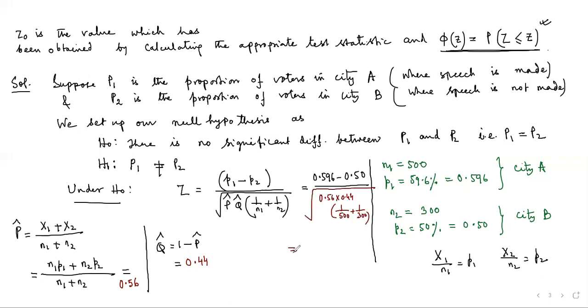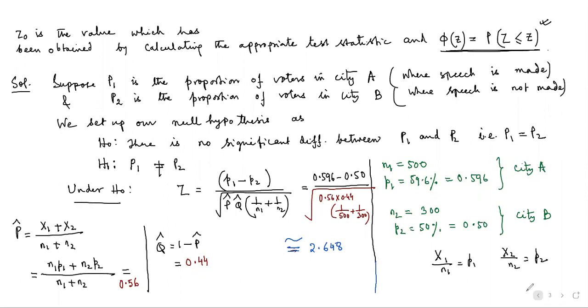Let me calculate the Z value. It is coming as 2.648 approximately. If I'm not wrong in my calculation, it is coming as 2.648.